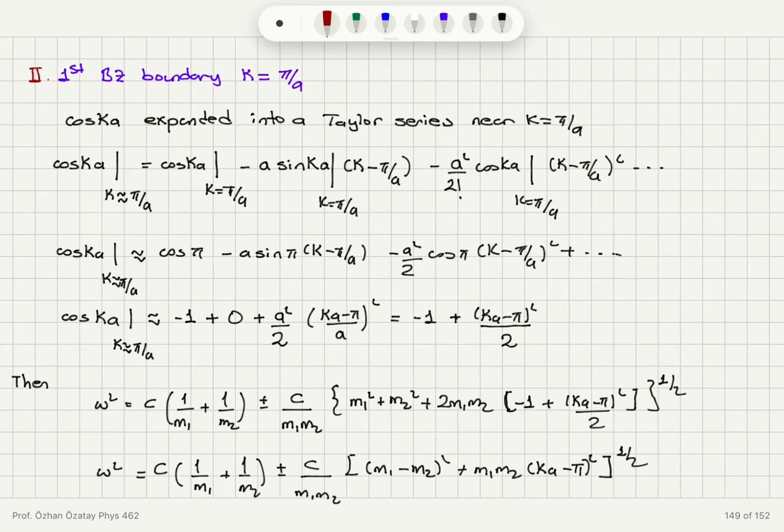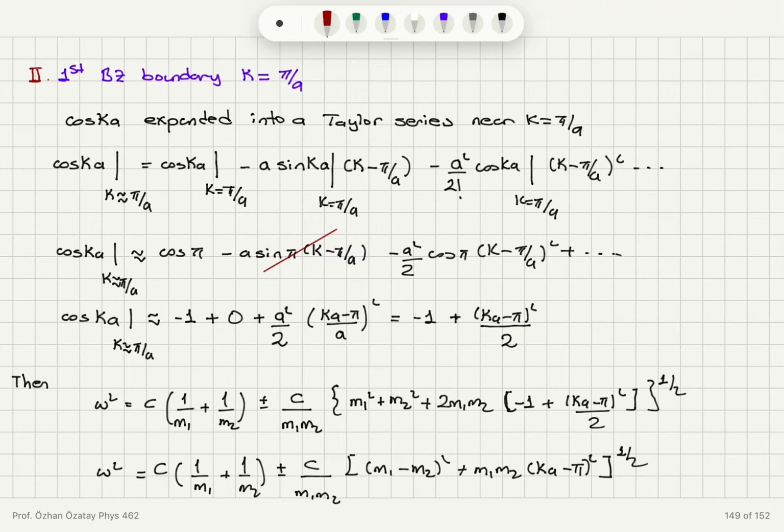Then I take the derivative with respect to k, minus a sine ka, times (k minus pi over a). If you set k equal to pi over a here, sine pi gives us 0. So the second term is 0. So this is going to give me 0. And for the third term, I will have another derivative, minus a² over 2 factorial cosine ka. k equals pi over a will give me cosine pi, which is minus 1.